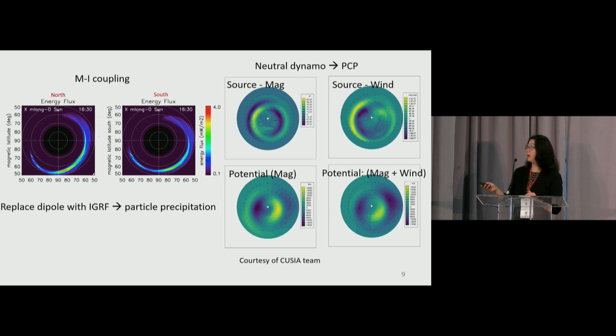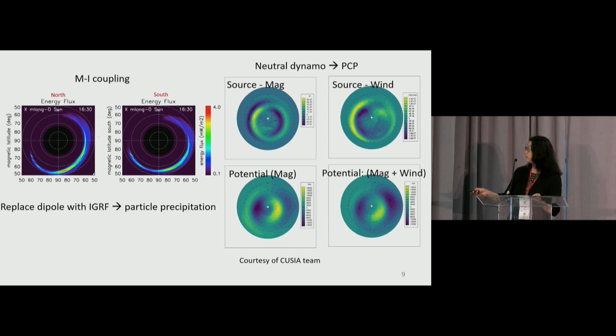The right panel shows the effort through collaboration between Alex Glocer from Goddard again and people in my team to study the neutral dynamo effect on the polar cap potential. The left panel shows the potential driven by the magnetosphere only, but the right panel shows the potential driven by the magnetosphere and the neutral dynamo.